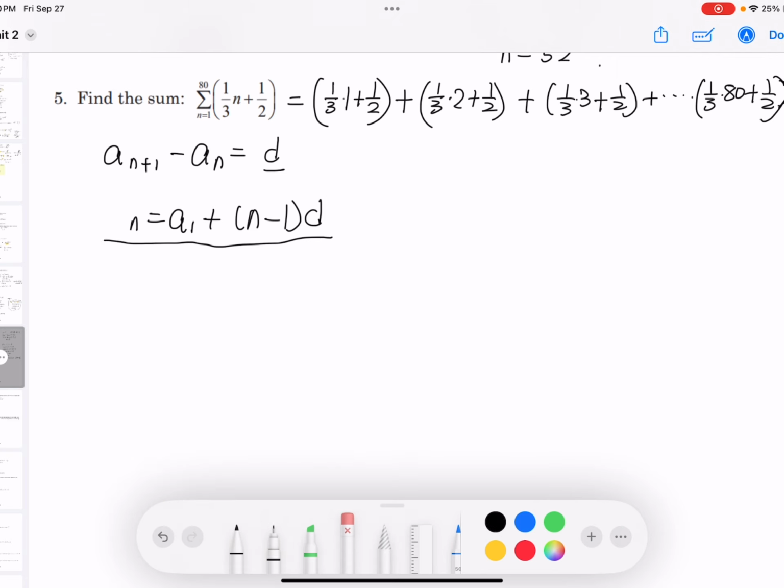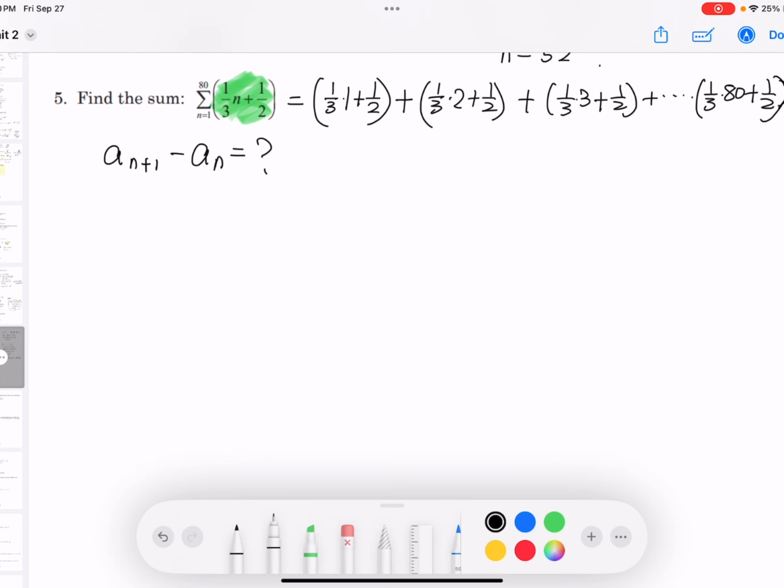It doesn't matter which one you choose. I want to find if it is equal to a constant d. So on the right of my sigma sign, this is the nth term, a sub n.